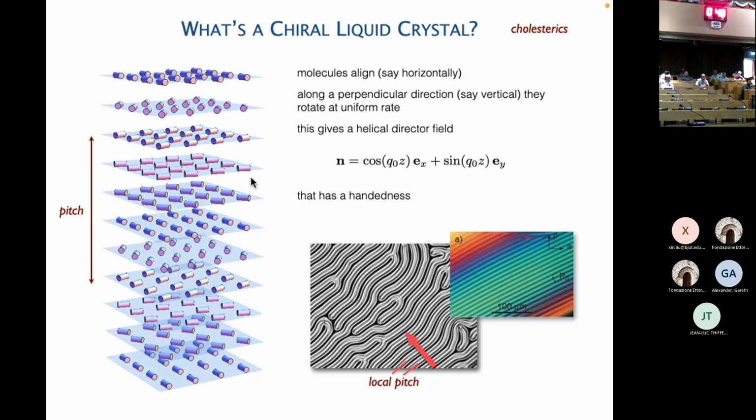And then I go in some perpendicular direction, say the vertical one, and it rotates at a uniform rate. And that rotation can be either right-handed or left-handed. And that's exactly the notion that we have of some type of chirality in the material. I'm going to try and work exclusively with things that are right-handed, or as much as possible with things that want to be right-handed. That's just some convention.